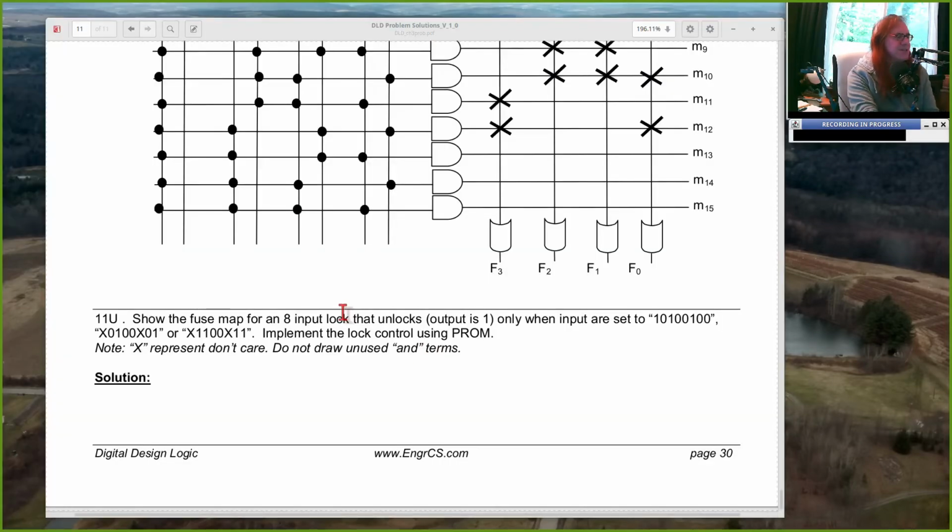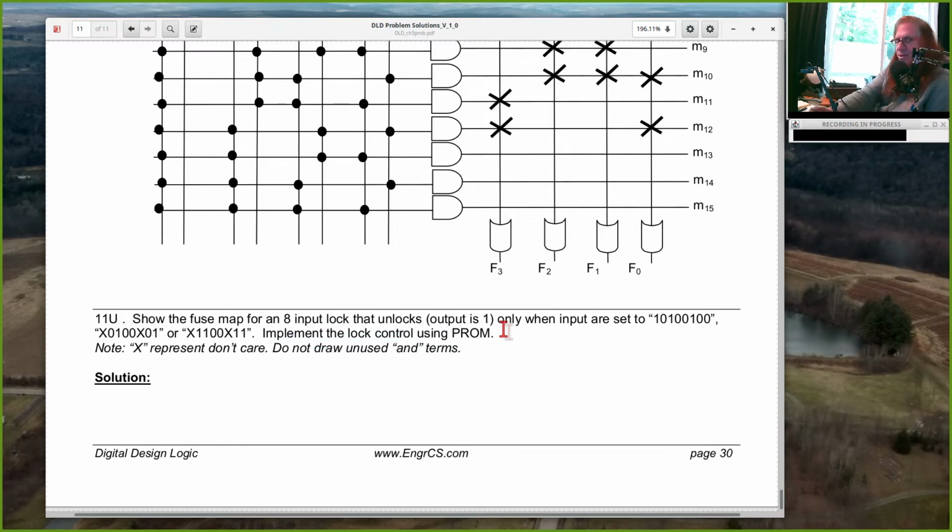So this last question, 11, is again an unlock circuit, and it's got 9 unlock combinations, but you want to implement this using a PROM. And it says don't draw unused AND terms. So 8 inputs, you would have 256 rows. Don't draw all 256. Just draw the ones that you need.